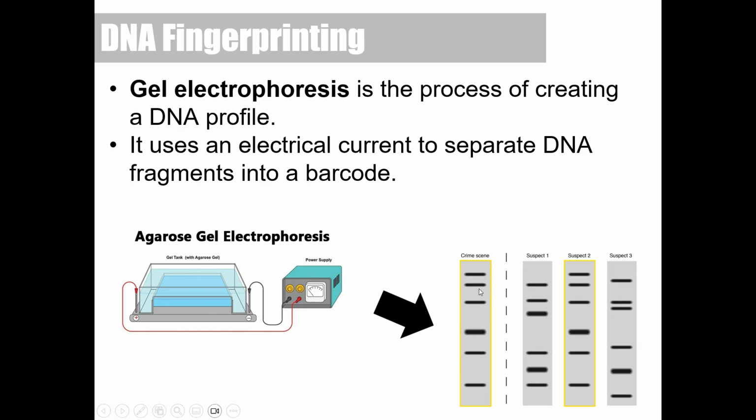And you can see here that we've run a genetic profile for each of the suspects and the crime scene DNA. Again, this is done through the process of gel electrophoresis. And then we can match these fragments, and we can see here that suspect 2 matches perfectly with the chromosomal DNA.